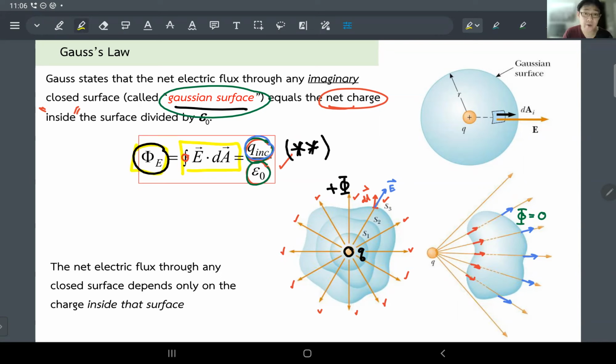And then once you're done with that, you equate that to the charge enclosed inside your closed surface divided by epsilon naught, and you are done. The application of this one is that it allows you to calculate electric field very easily without using Coulomb's law whatsoever. I'm going to show you right now.